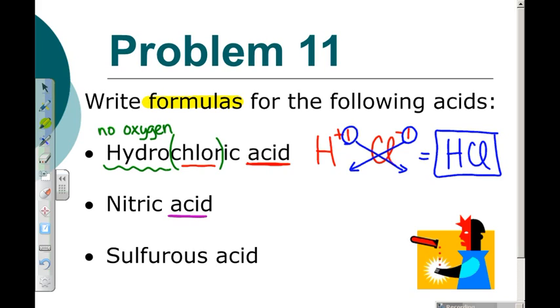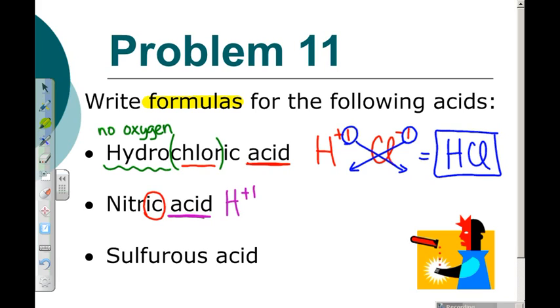Again, when I see the word acid, I know that I can write down an H because it means I have a hydrogen to start my formula. My hydrogen has a +1 charge. Then when I look at the rest of the name, I see that this had an ic ending. I have to remember my saying now. The saying here is I ate something icky.